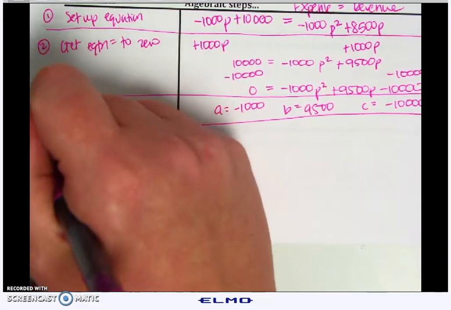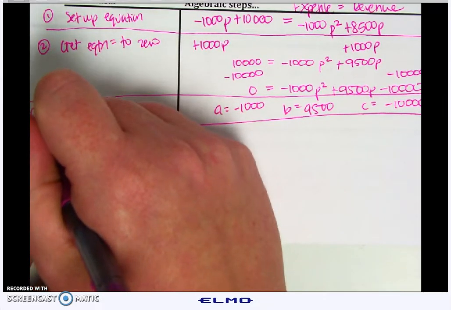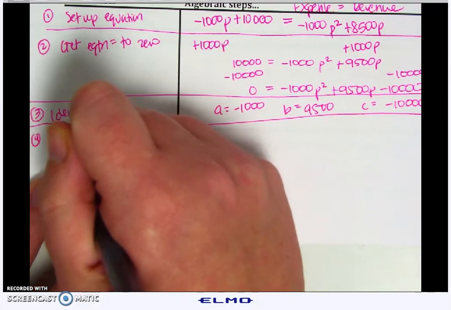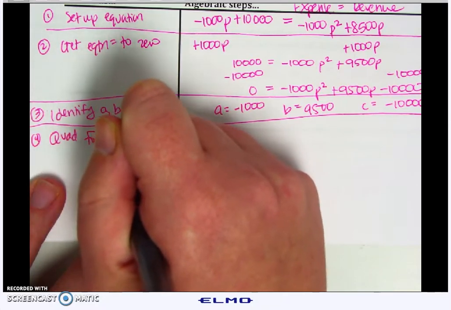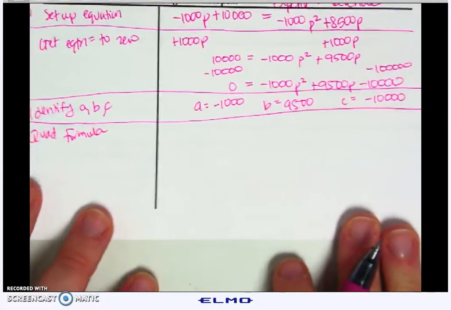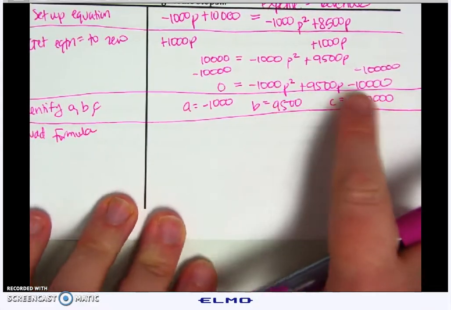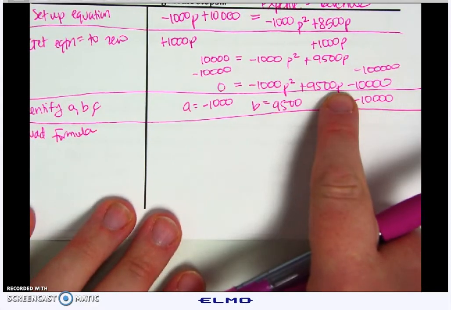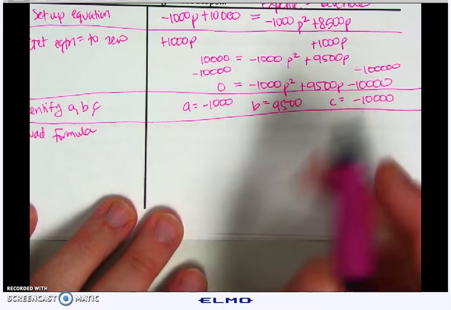All right. Step 4 is to use the quadratic formula. The quadratic formula allows us to solve for the price or the prices that would get this equation equal to 0.